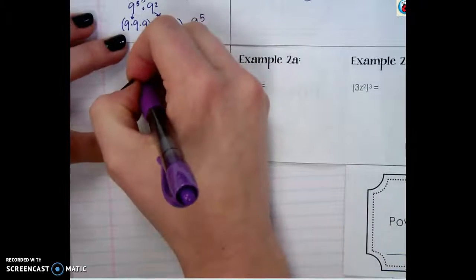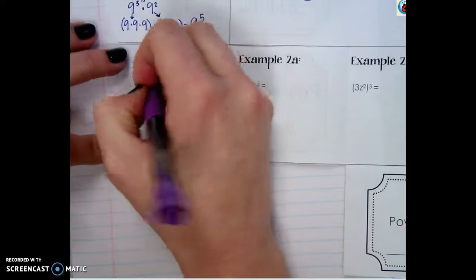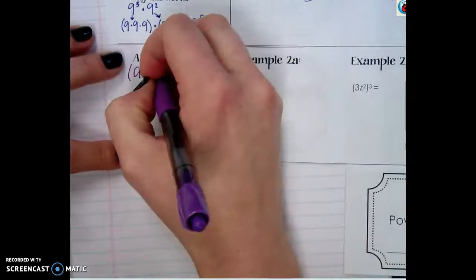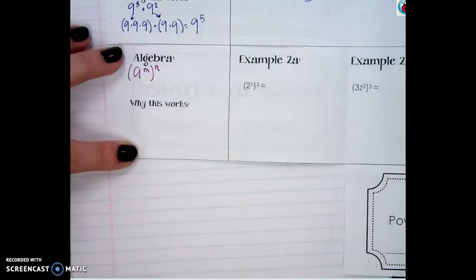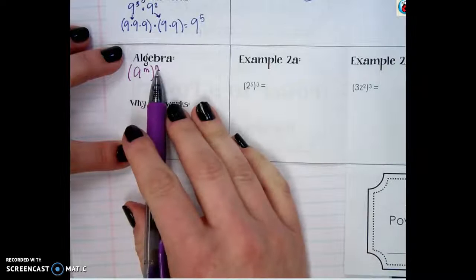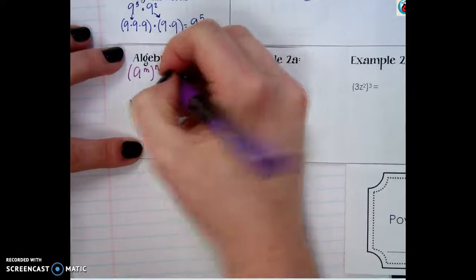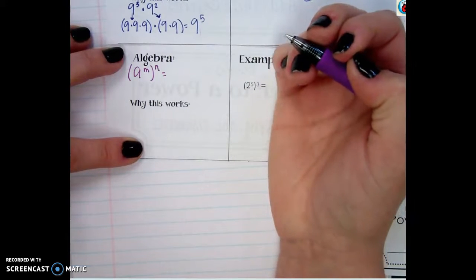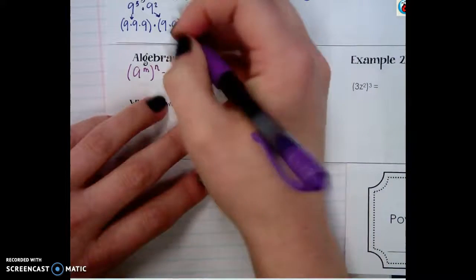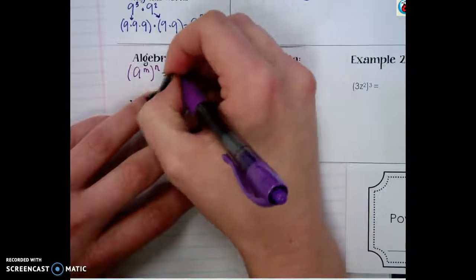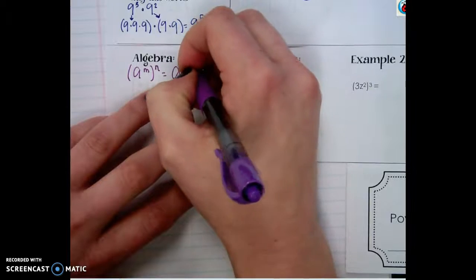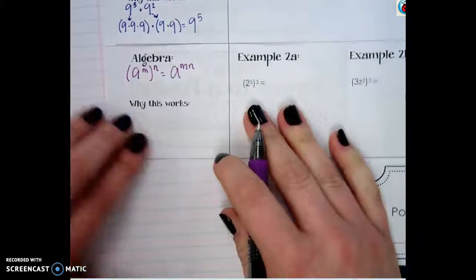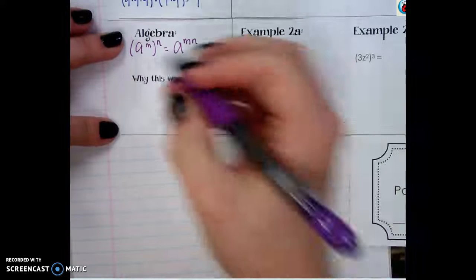If we have a raised to the m, raised to the n, so that's a power here to another power, we're going to multiply our exponents. a to the m times n is just a to the mn. Let's look at why it works.